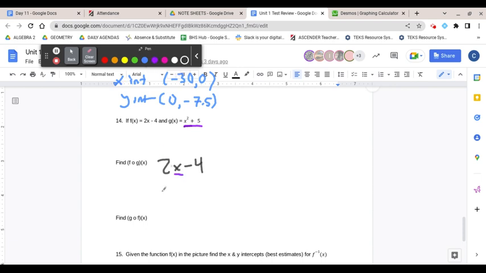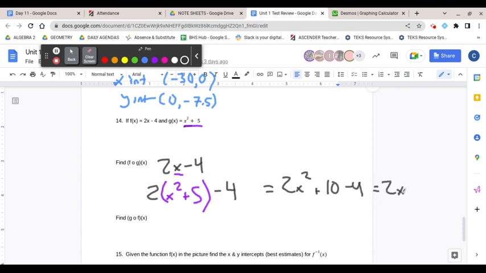So we're going to have 2 times x squared plus 5, because that goes in there, minus 4. And if we wanted to distribute, we'd have 2x squared plus 10 minus 4, which would be 2x squared plus 6. You shouldn't have to reduce and simplify for the test, but it's always good practice to do that.